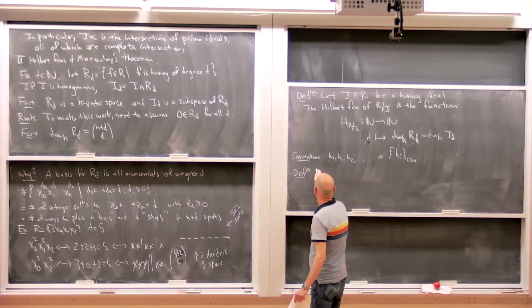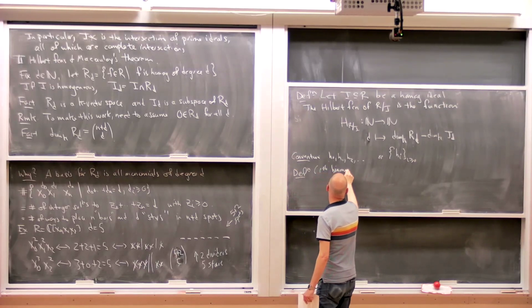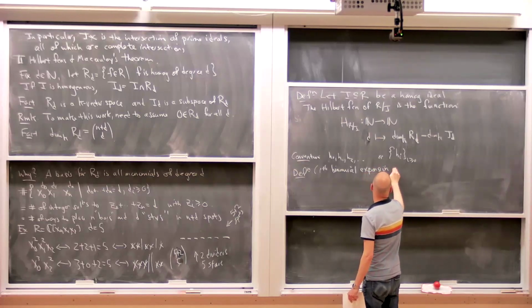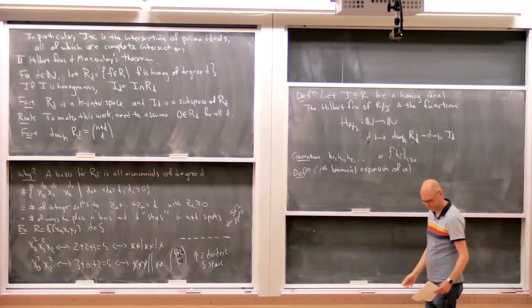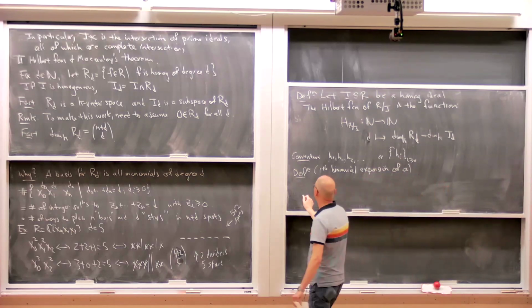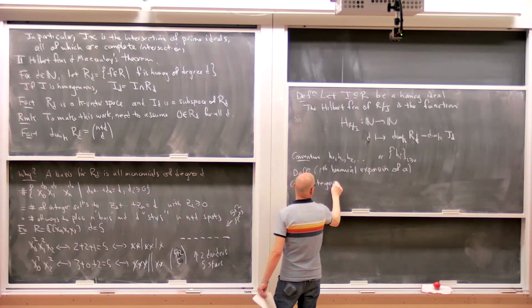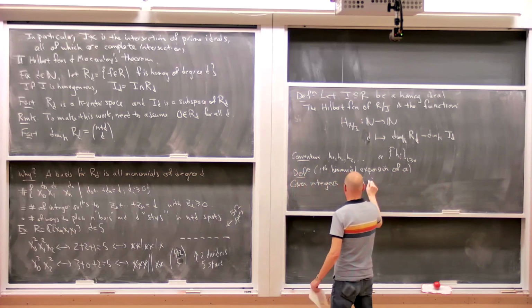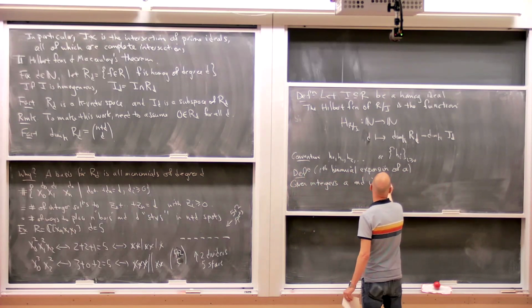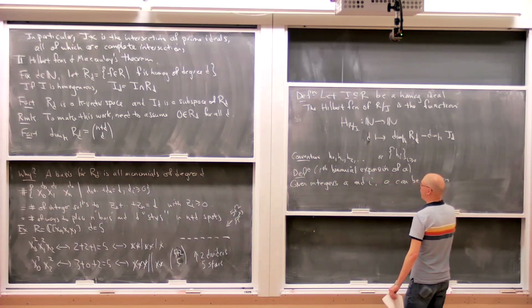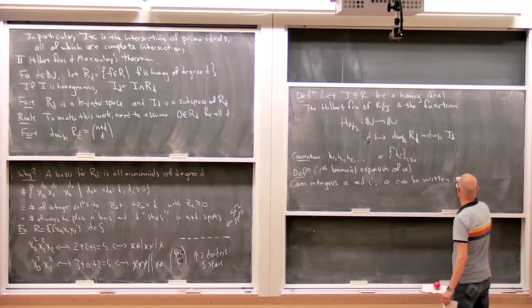We're going to talk about the ith binomial expansion of an integer a. Given integers a and i, a can be written, this is really a definition and lemma, because you have to prove it can be done uniquely.